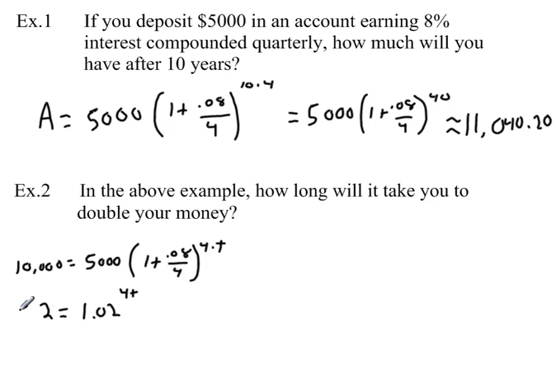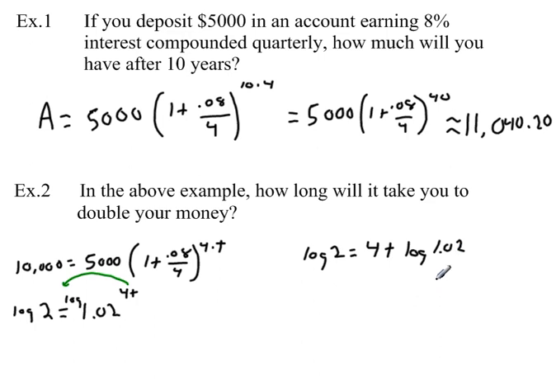To solve this, we need to take the logarithm of both sides, and you can use a natural or a common logarithm. And that'll allow us to take this 4t and move it in front of the logarithm. That gives us the log of 2 equals 4t times the log of 1.02.